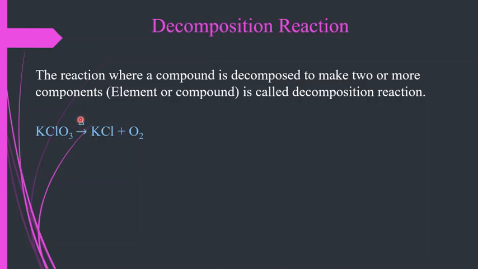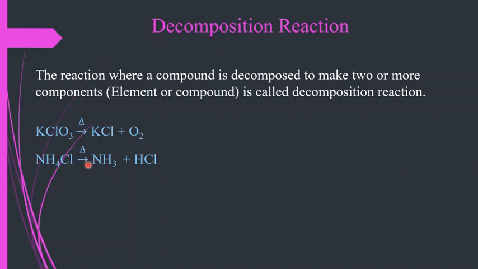This del symbol means potassium chlorate is heated. When potassium chlorate is heated, then potassium chloride and oxygen are produced. Look, here in the reactant side, there is only one compound, and product side there are 2 components. Potassium chloride compound and oxygen, it is element. So this is called decomposition reaction.